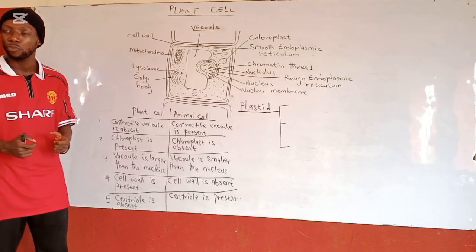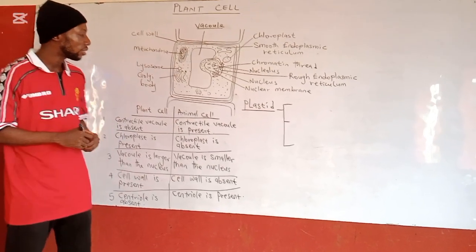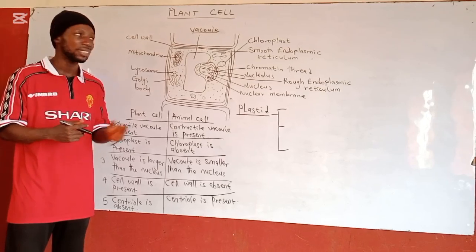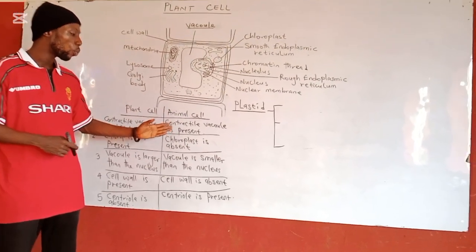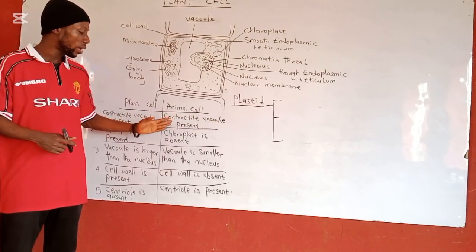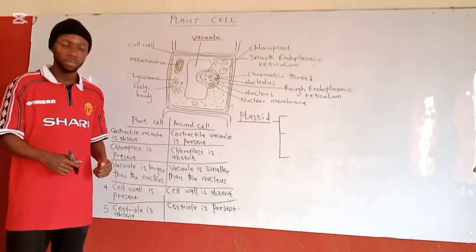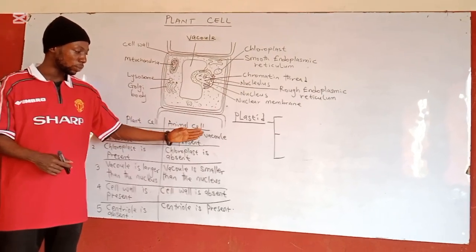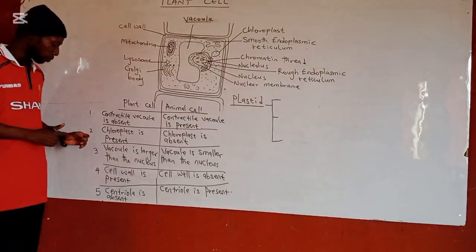A vacuole that stores food. Okay? It stores starch and cellulose, which are present in the cell wall. Okay? Then in the animal cell, we have the contractile vacuole, where the vacuole plays the key functional role for osmoregulation. Okay? The contractile vacuole is responsible for osmoregulation or excretion also.